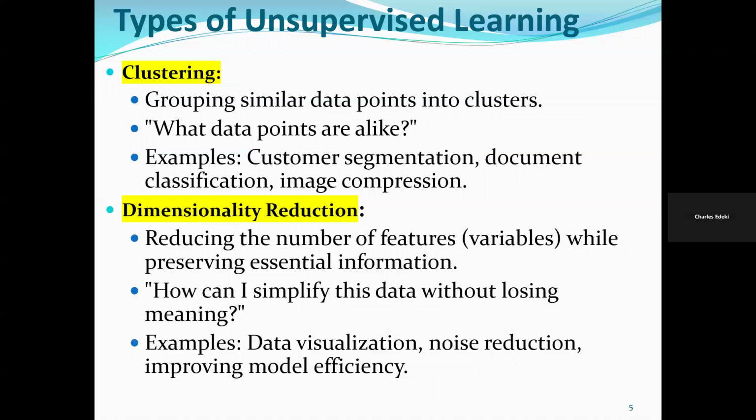Another would be social network analysis. Here we can identify different communities. Document organization, I think we do a lot of that. Based on the content of the document, we can say whether it's politics or sports, etc. And the most popular is also image segmentation.